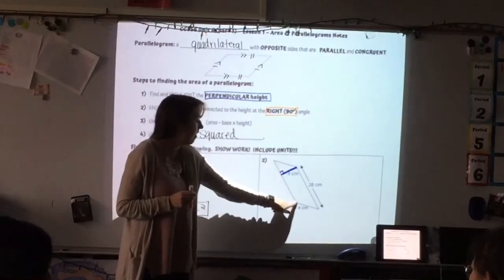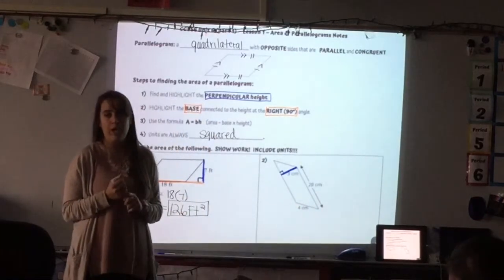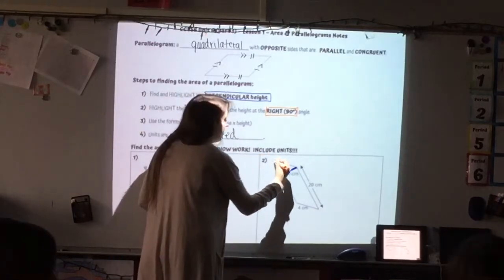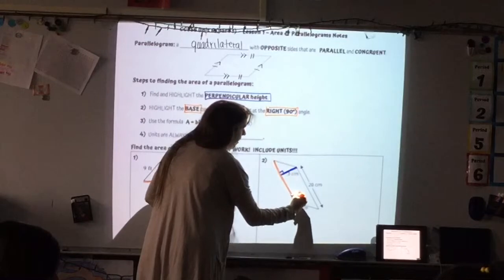Which side is it attached to at the 90-degree angles? Is it this on the left? Is it this on the right? Is it the one on the bottom? Which one? The left. Okay, so I'm highlighting with my base color that side on the left.